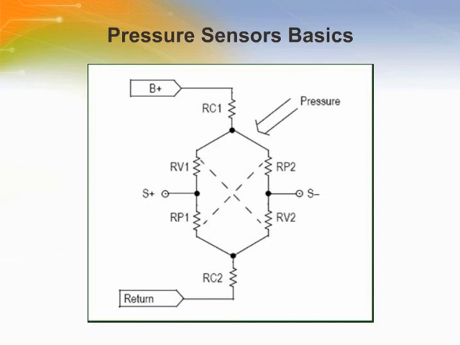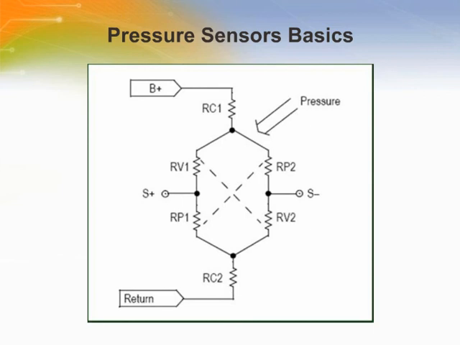The essence of piezoresistive pressure sensors is the Wheatstone bridge. Bridge resistors RP1, RP2, RV1, and RV2 are arranged on a thin silicon diaphragm such that when pressure is applied, RP1 and RP2 increase in value while RV1 and RV2 decrease a similar amount.